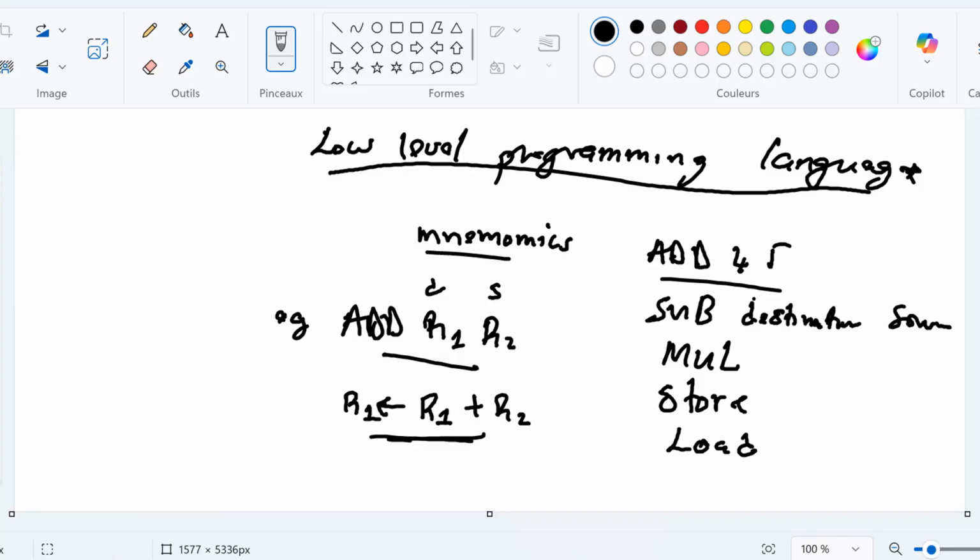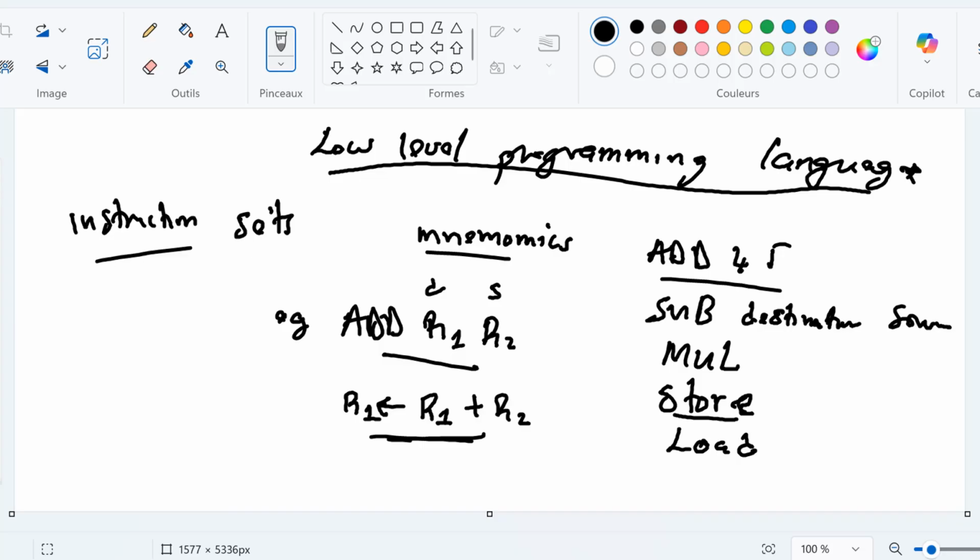Now for multiplication, in fact, it is the same thing as addition. If I take the case of store, what you're supposed to understand about the instruction store is that it helps us to take something from a register to a memory. Different types of processors have their own instruction sets, because we call them instruction sets.